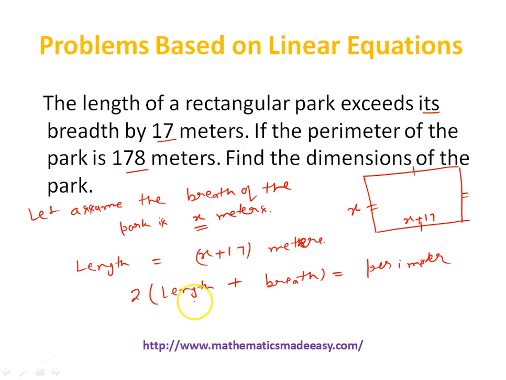This is the formula for the perimeter of a rectangular object, right? So 2 times, how much is the length? x plus 17, plus how much is the breadth? x, equal to how much is the perimeter given? 178. Correct? We'll simplify it better.